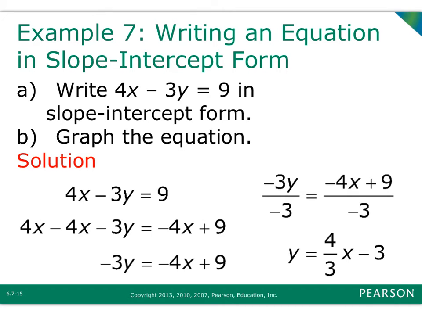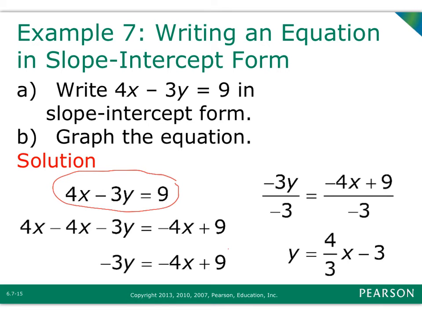So our solution is we start out with 4x minus 3y is equal to 9. We subtract 4x from both sides. The reason why is we want to isolate y on the one side of the equation.